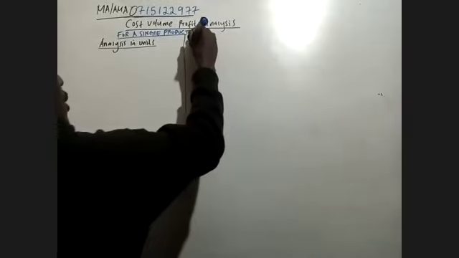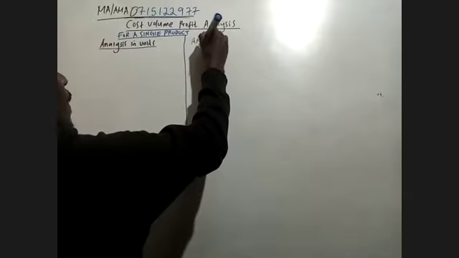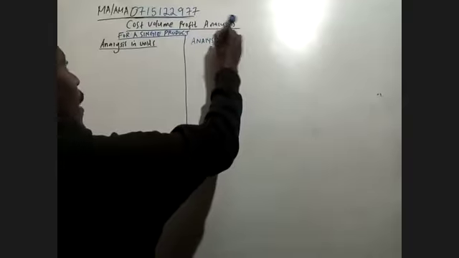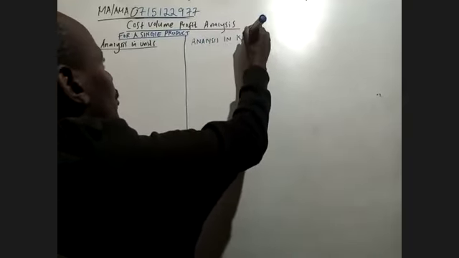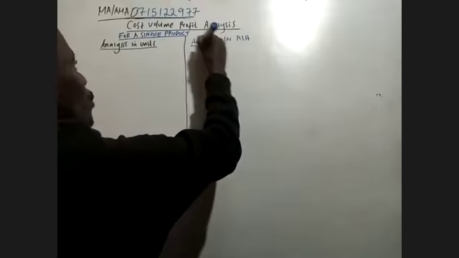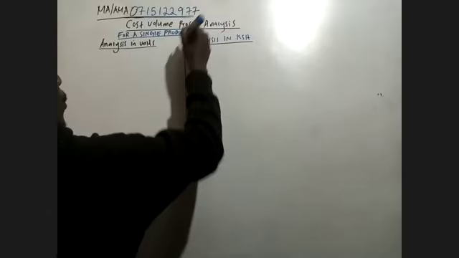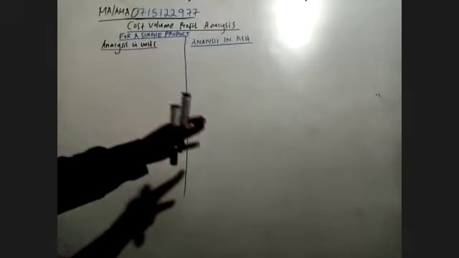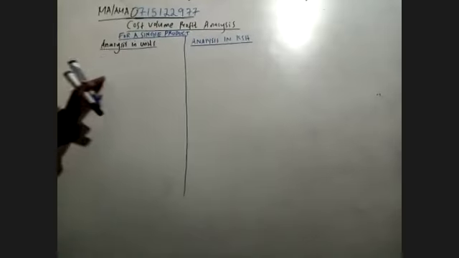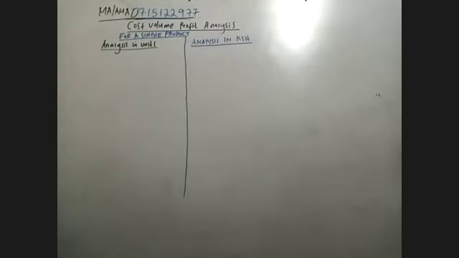Then analysis in Kenya shillings for single product. Remember that is for single product. So analysis in Kenya shillings for single product on the other side. Then analysis in units for single product. Now let us start.